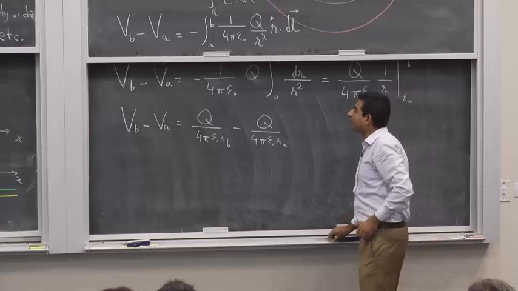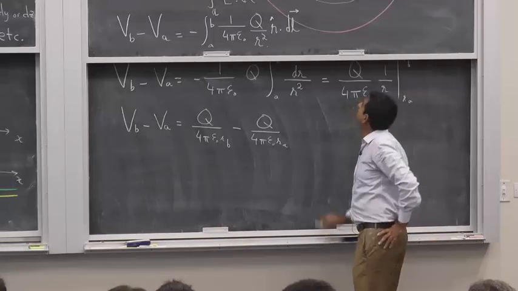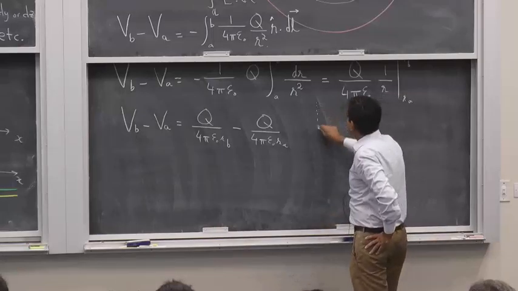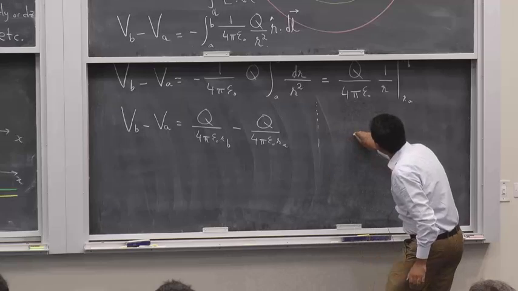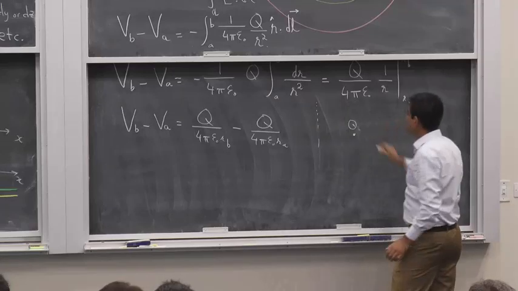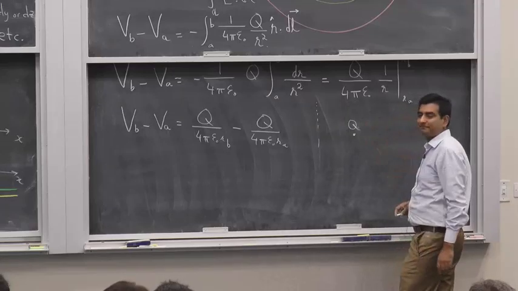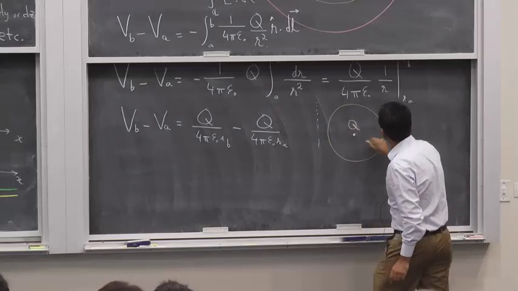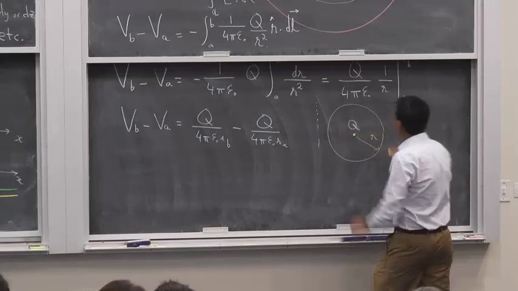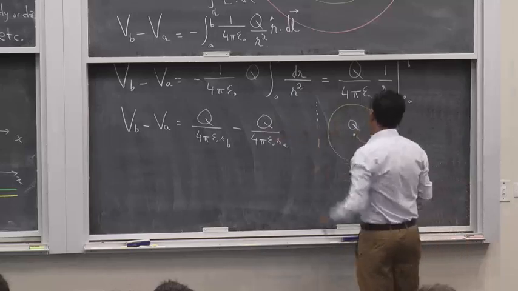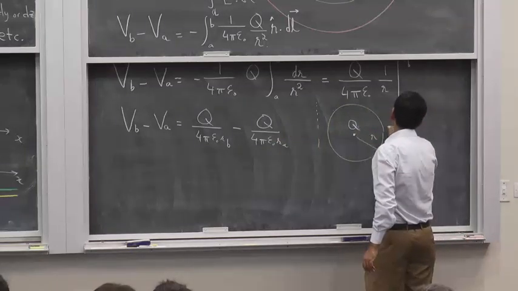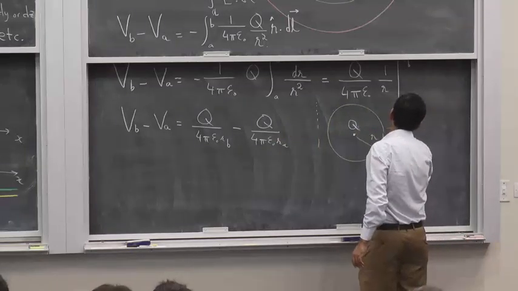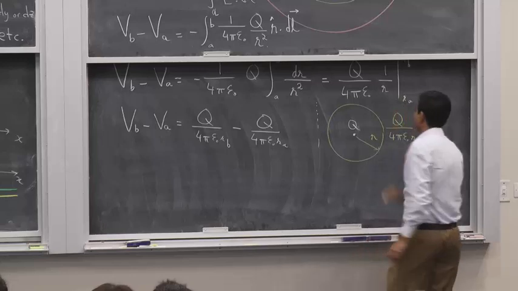Now what we observe here: if all of that charge Q was situated at a point and we were at a distance r from this point charge, then the potential is given by Q over 4 pi epsilon naught r.